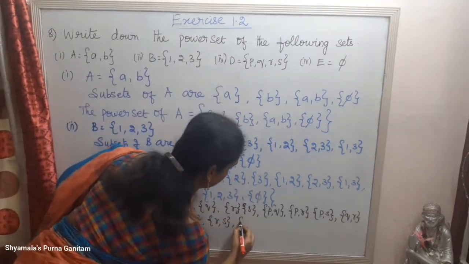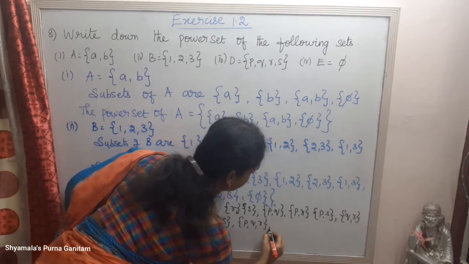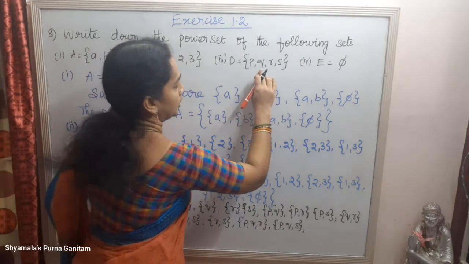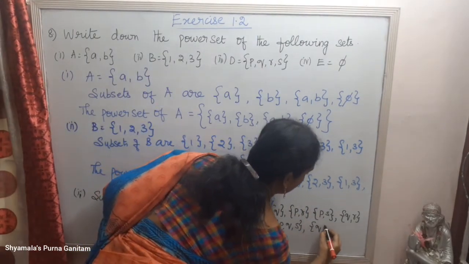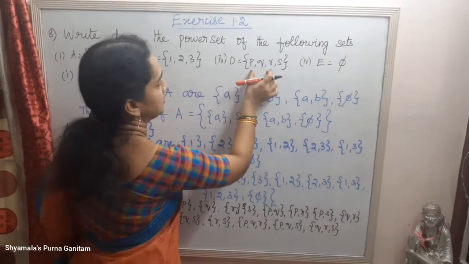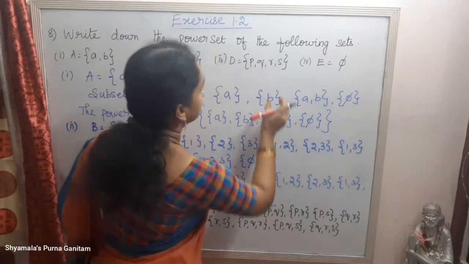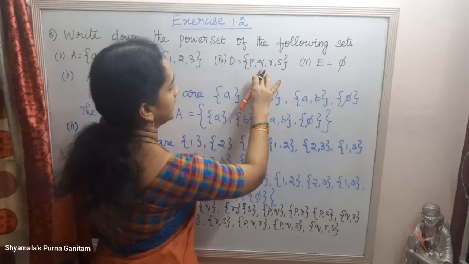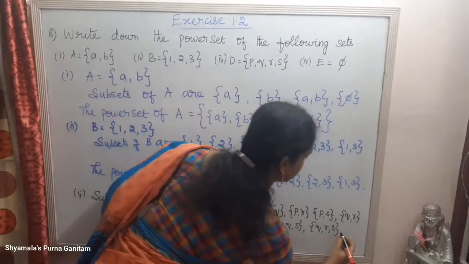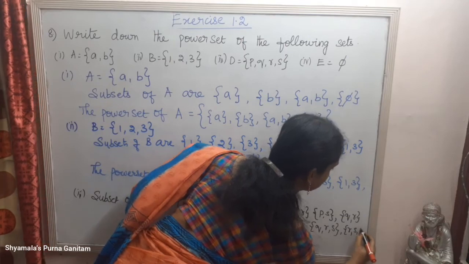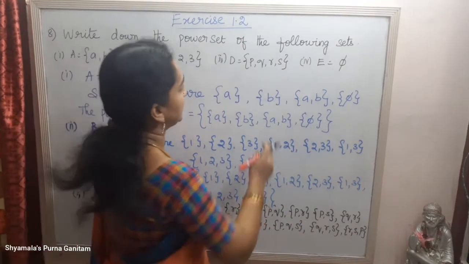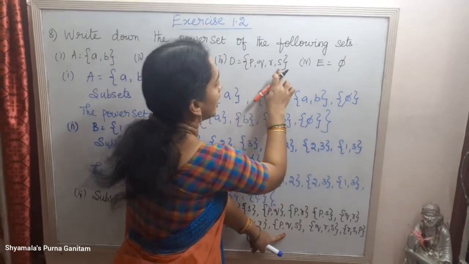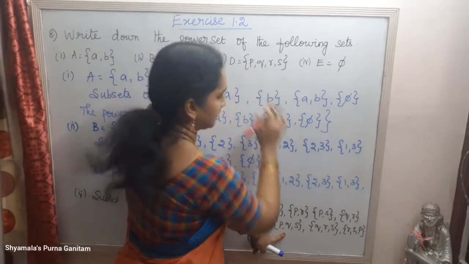Then three elements we have to take: PQR, PQS, QRS, and RSP.